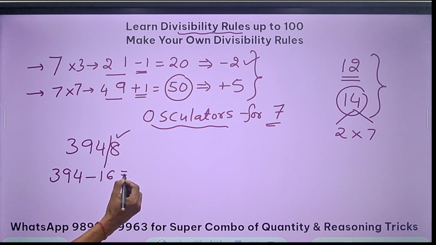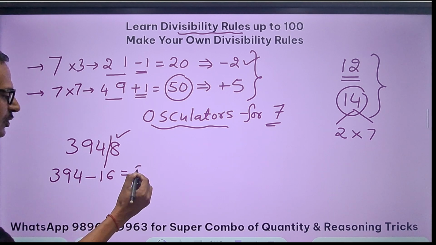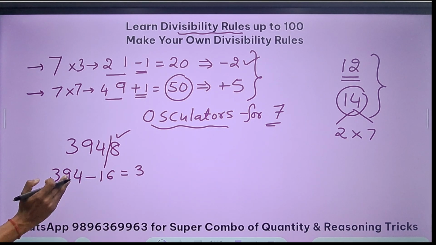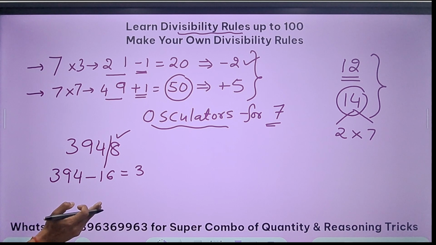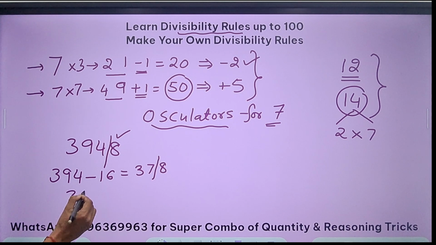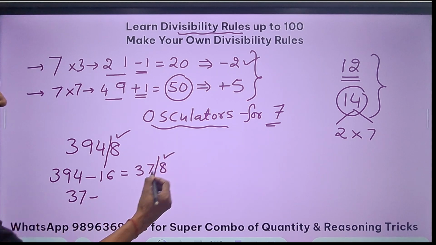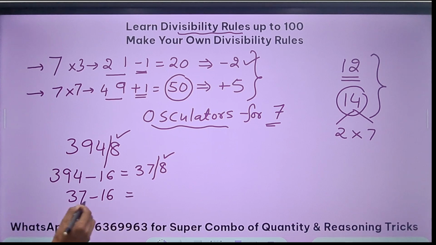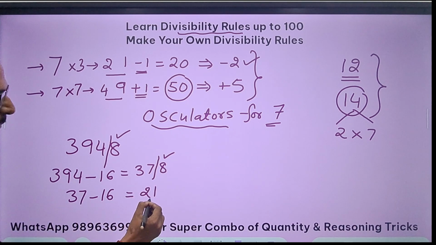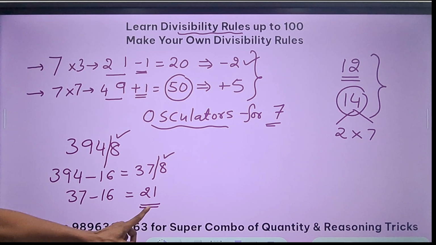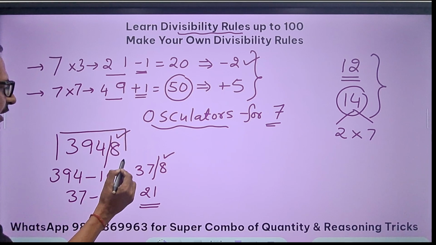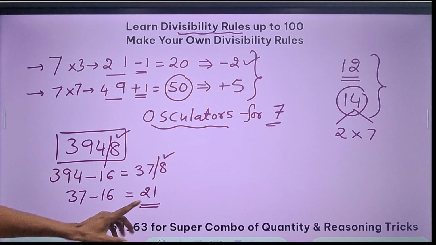So 394 minus 16: 94 becomes 84, then 74, and then 78. So 378. I can still separate out the last digit: 37 minus again 2 times this 8, 16. What will I get? I will get 21. Now this is quite easy because I know that 21 is divisible by 7, and so the entire number 3948 is divisible by 7.